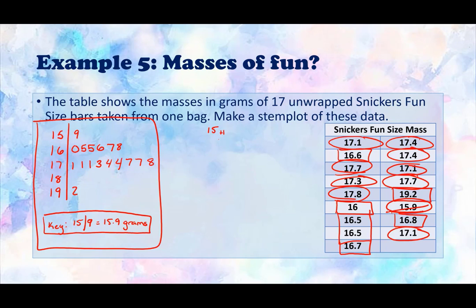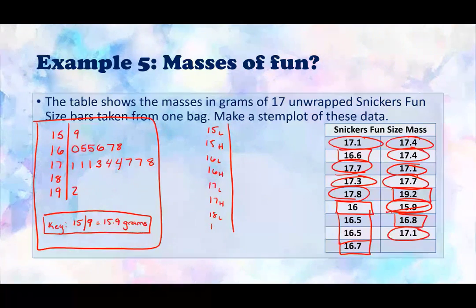So you'd have 15 low, and then you would have 15 high, then you would have 16 low, 16 high, then you would have 17 low, 17 high, and then you would have 18 low, 18 high, and then you would have 19 low, 19 high. Now, the low parts are from 0 to 4, and the high parts are from 5 to 9.